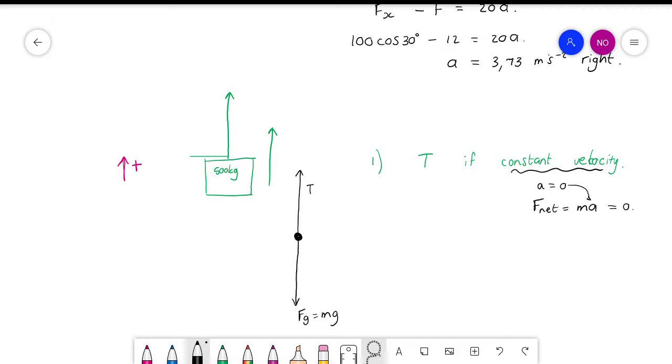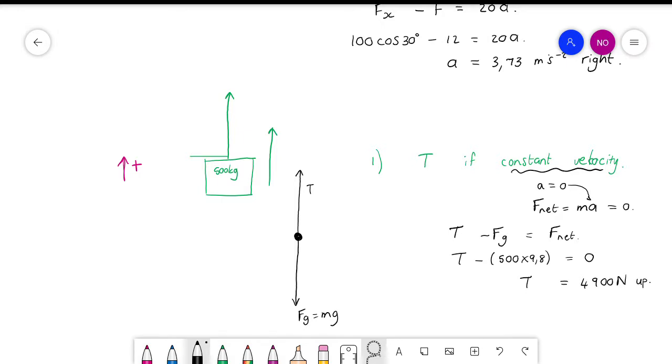Okay, so if I say tension is pulling upwards and Fg is pulling downwards, and that is equal to F net, then I can say T minus 500 times 9,8 is equal to 0. Almal nog by? Okay, en dan kry ek die spanning in die tou gaan gelyk wees aan 4900 Newton up.